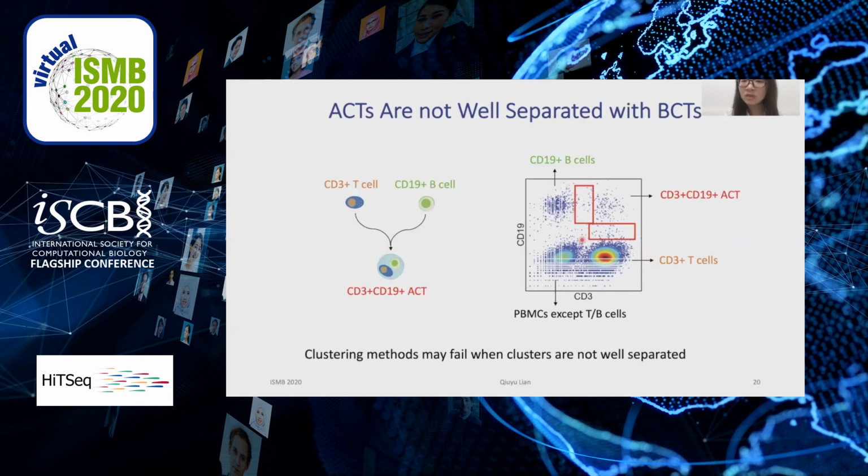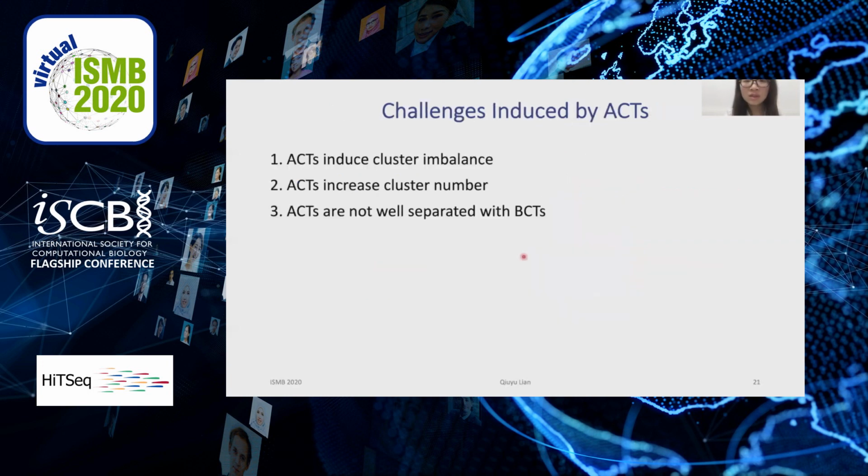After introduction of the ACT cluster, we could notice that there is no clear boundaries between ACT cluster and the nearby clusters. The distance between ACT cluster and nearby clusters are also drastically reduced. Given these three challenges induced by ACT, it's hard for clustering method to perform well in CITE-seq surface marker dataset.